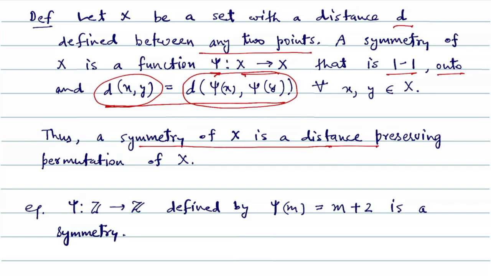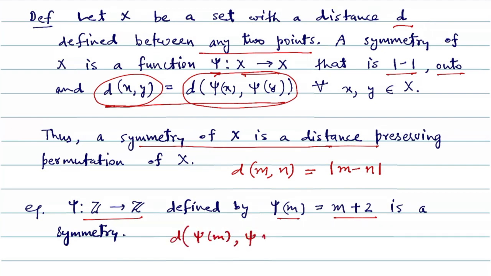As an example, the function psi from Z to Z defined by psi of m equal to m plus 2 is a symmetry, because the distance between any 2 points m and n is equal to modulus of m minus n, and the distance between psi of m and psi of n will be equal to modulus of (m plus 2) minus (n plus 2), which is the same as the distance between m and n.